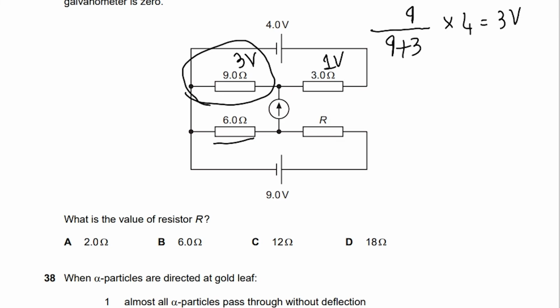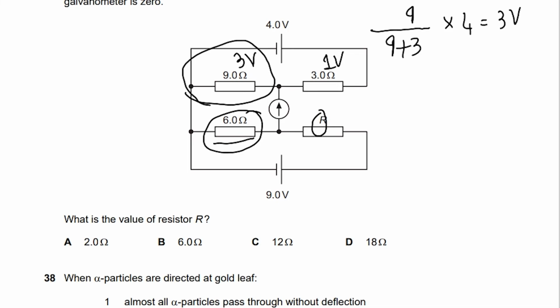This means that the potential difference across this 6 ohm resistor is equal to 3 volt. So can we use this to find the value of R? Yes, we can, because we can use the potential divider formula.